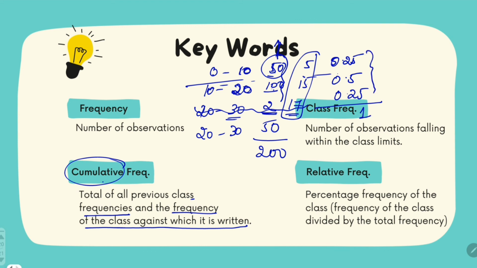So that is your relative frequency. What is the frequency of your class relative to the total population? That is the percentage frequency of the class, the frequency of the class divided by the total frequency. So this is how you compute the relative frequency.